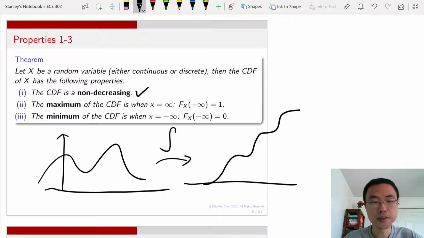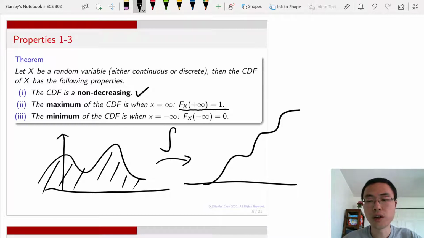So this is clear. Now, the second property is also very easy to understand: the maximum of the CDF happens when x goes to infinity, and this value is that fx evaluated at plus infinity is 1. This is true because when you integrate the entire PDF, you will indeed get 1.